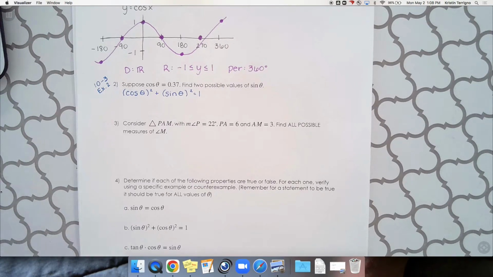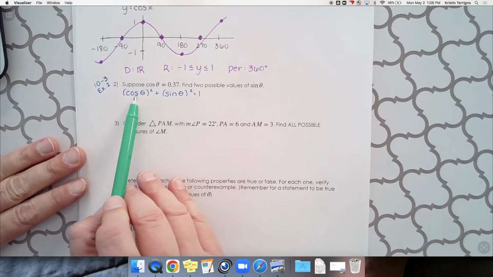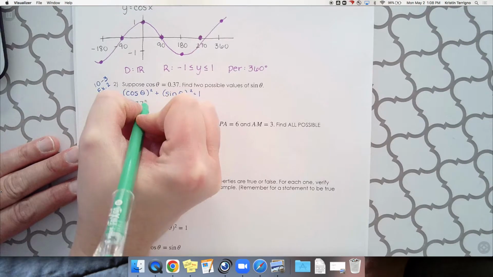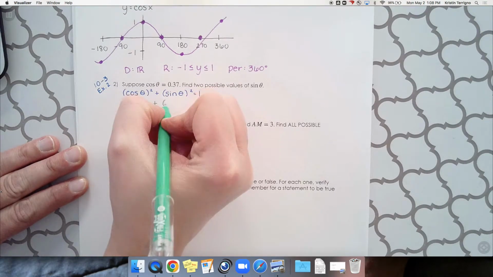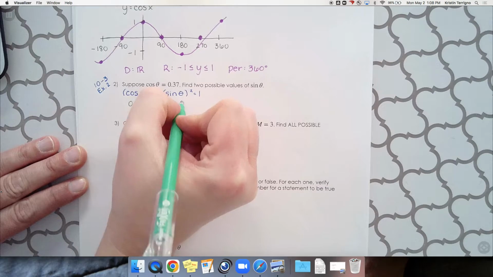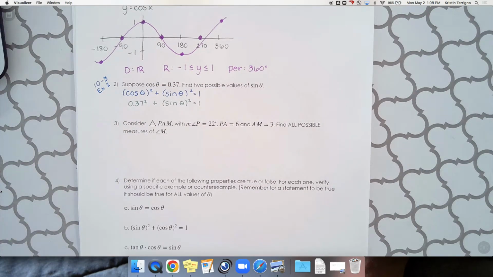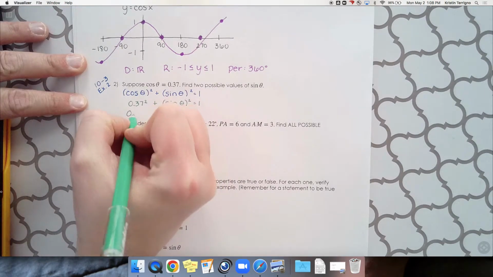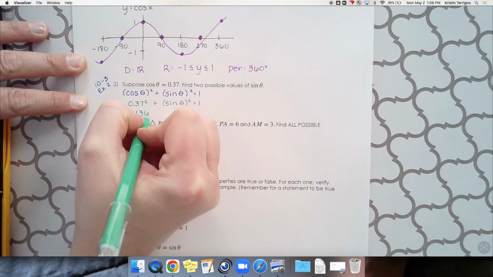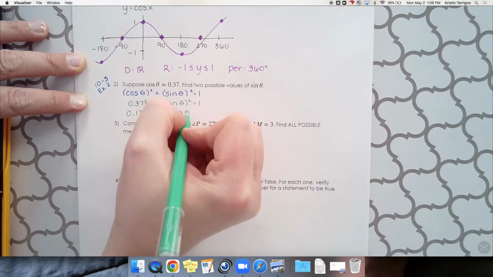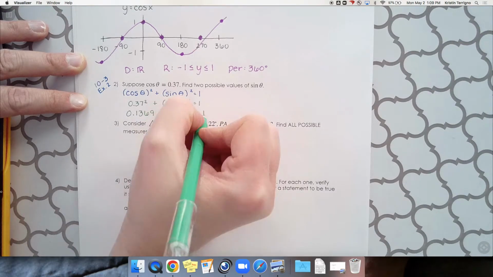So I'm going to take this cosine value, this 0.37, and just plug it in here. So I'm going to go 0.37 squared plus sine squared equals 1. And let's see, 0.37 squared gives me 0.1369 plus sine theta squared equals 1.